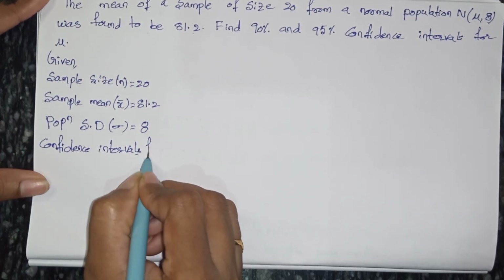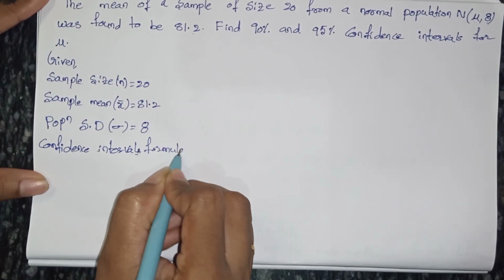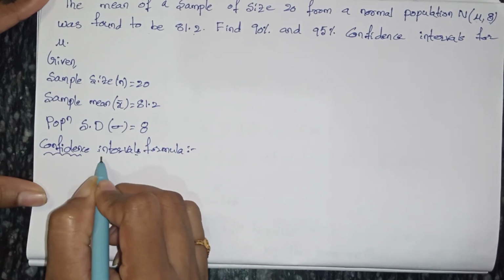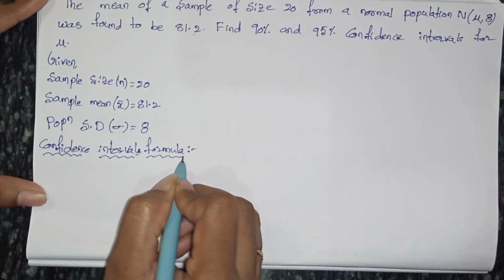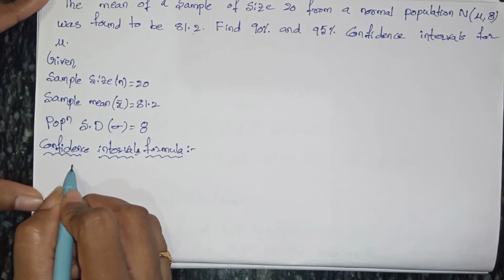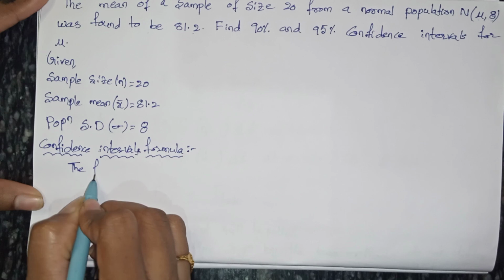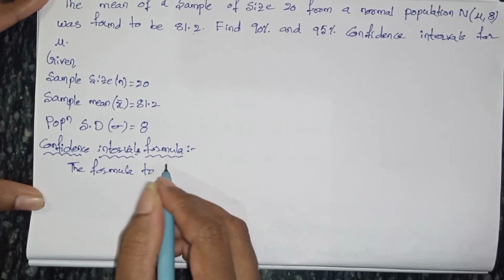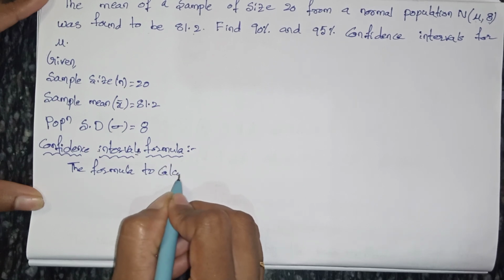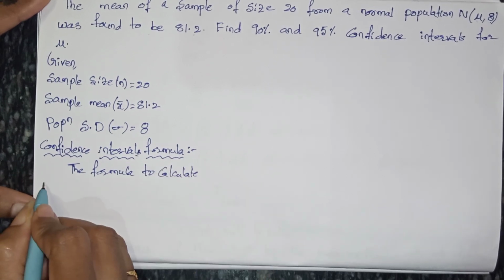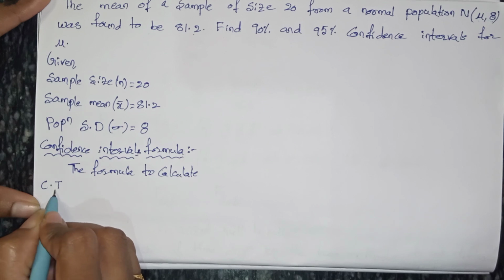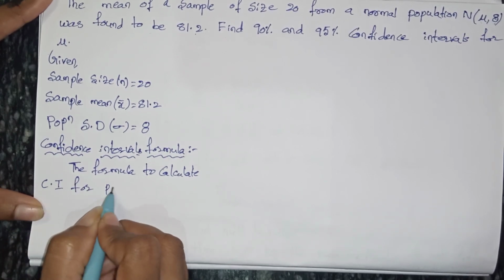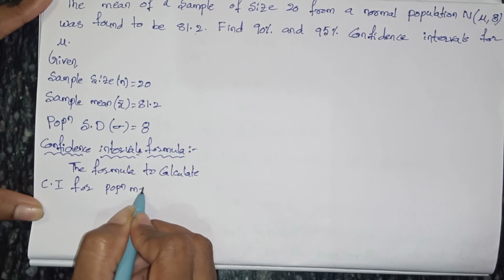First we'll write the confidence interval formula so that we understand what we have to calculate. The formula to calculate the confidence interval for the population mean.